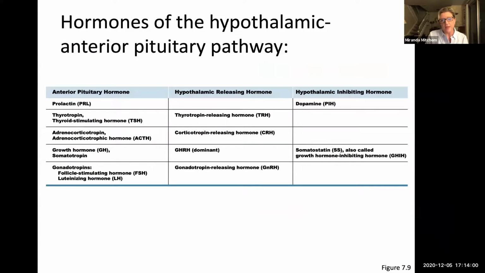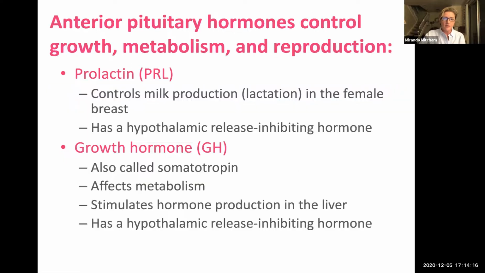Okay, so here's a table that summarizes, again, those 6 types of hormones that are from the anterior pituitary gland, as well as giving you a couple examples of how they're inhibited. So let's go through the main characteristics.